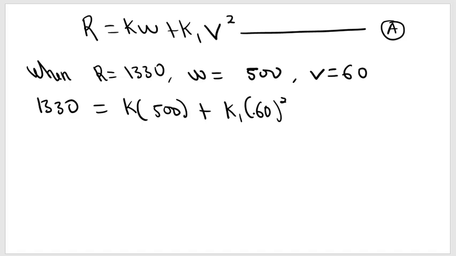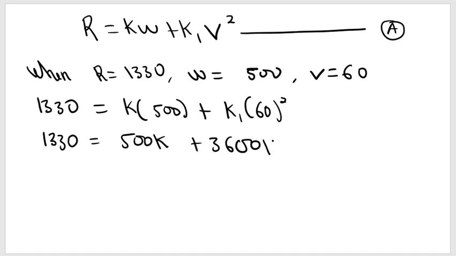We simplify this further, and this gives us 1330 being equal to 500K plus 3600K1. This becomes our equation 1, and we can even reduce this equation because there is a common factor, so we divide through by 10.